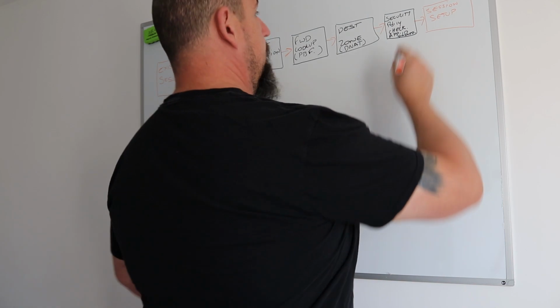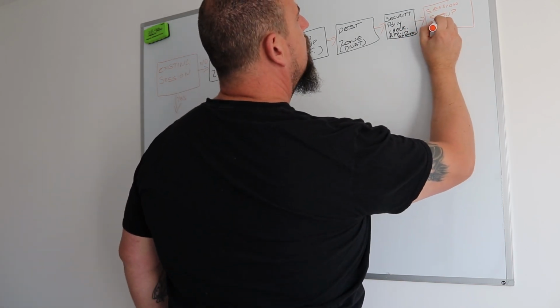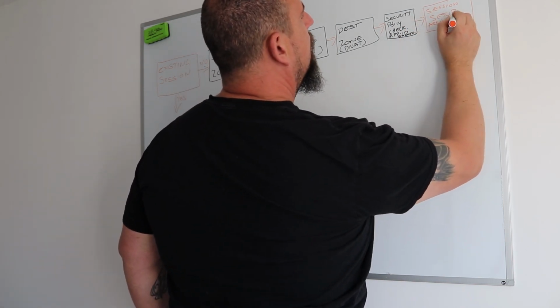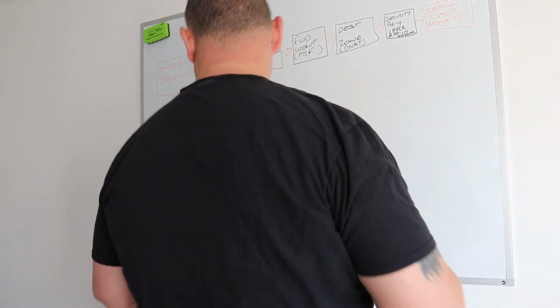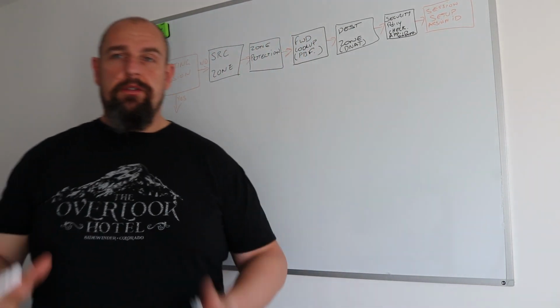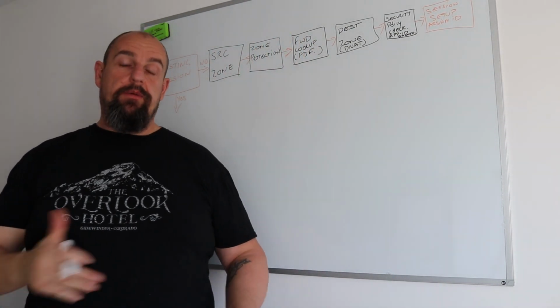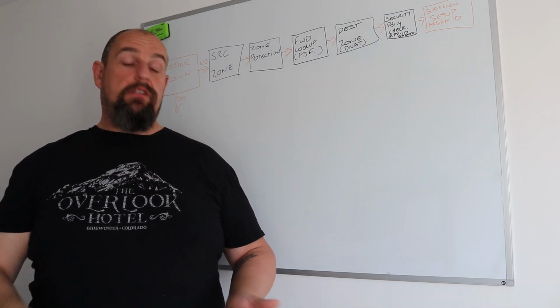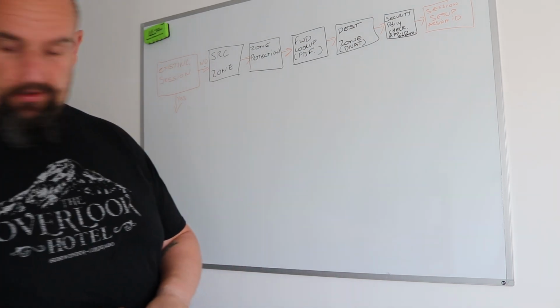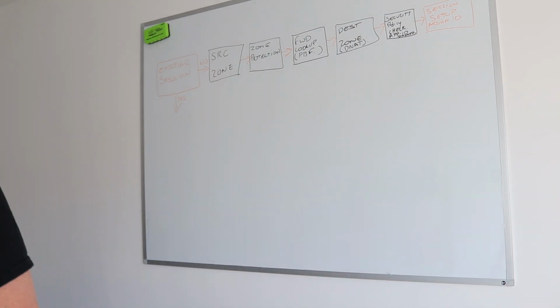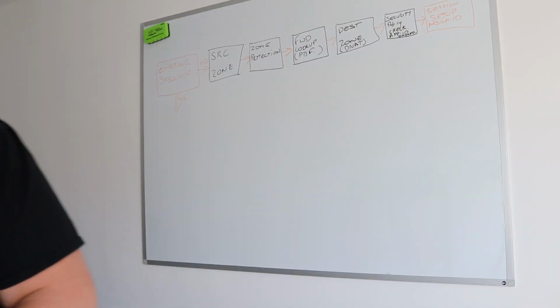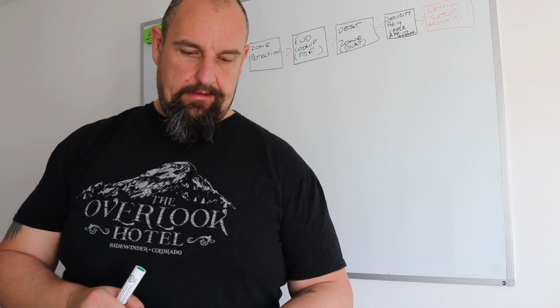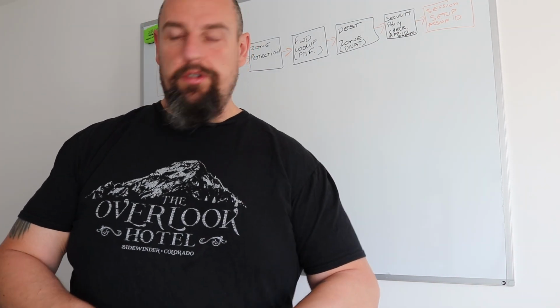I'll just write that on: assign ID. So now it's assigned the ID. So now we know that we need to allow the packet through, but now we need to start evaluating it based on our security profiles. I'll do these in green based on the fact that it's all good.